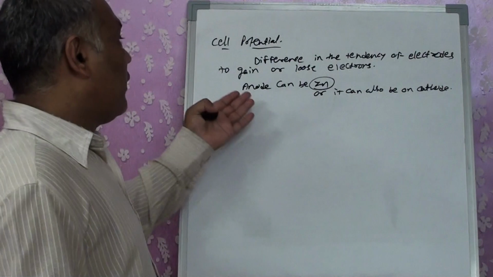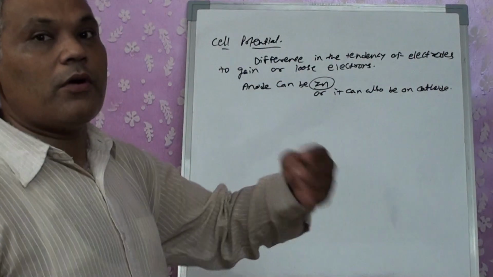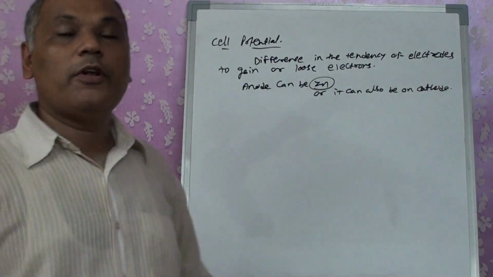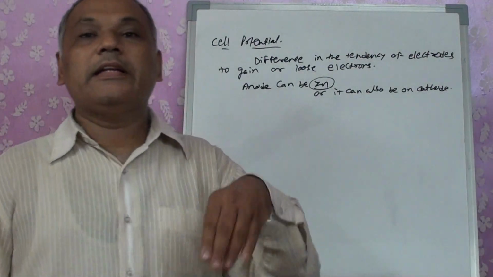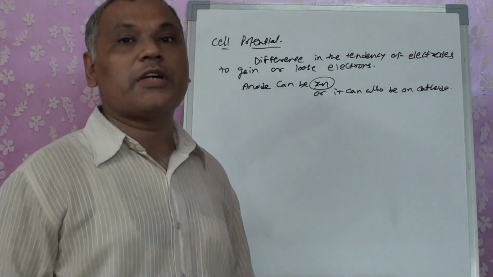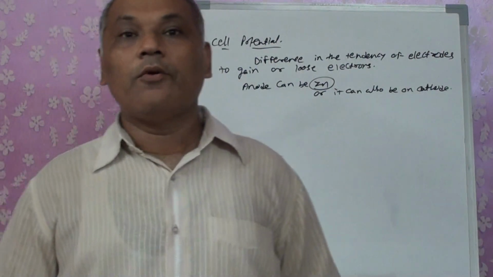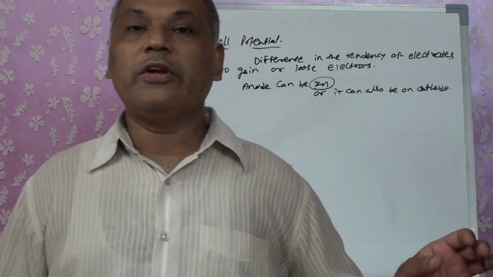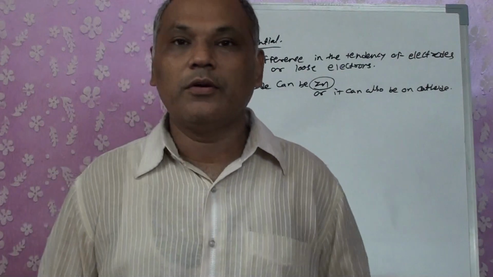To know whether this zinc will be on the anode or cathode, its tendency to gain electrons or to lose electrons will be calculated. Whichever two electrodes are connected together, one will have a high tendency to gain electrons, and the other will have a higher tendency to lose electrons.